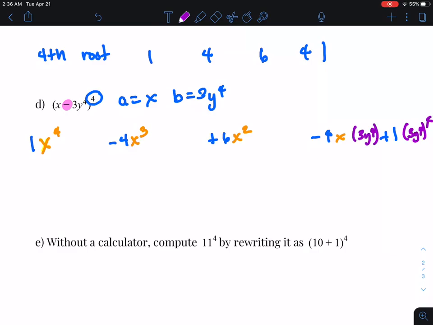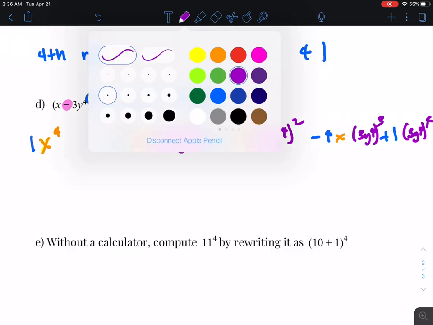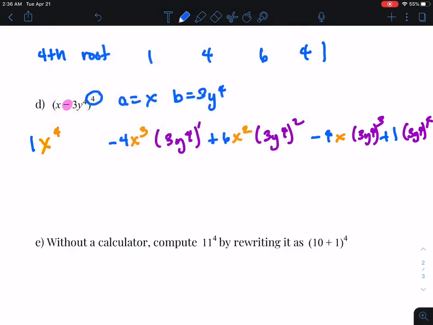So now we've got 3y to the 4th to the 4th, 3y to the 4th to the 3rd, 3y to the 4th squared, and 3y to the 4th there. So here, again, same thing. We're just going to combine this stuff, clean it up.